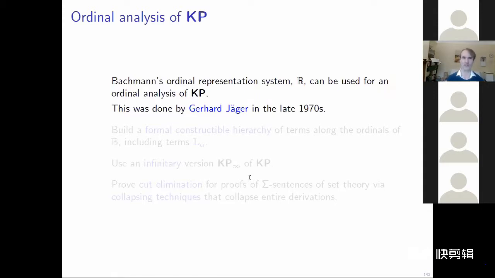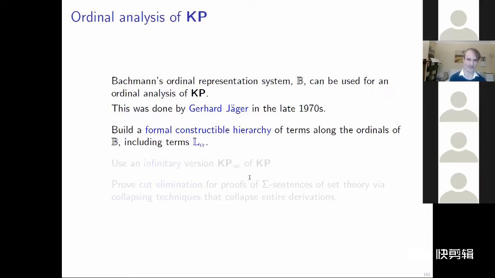They're very closely related to Kripke-Platek. So the idea is you start with the Bachmann representation system. You view it as the spine of the ordinals, so the elements of B become your ordinals. And then you build a formal constructible hierarchy of terms along B. These terms you can just define in primitive recursive arithmetic.